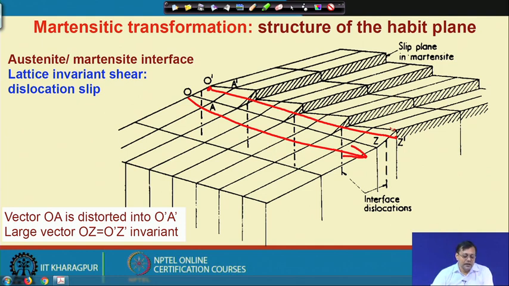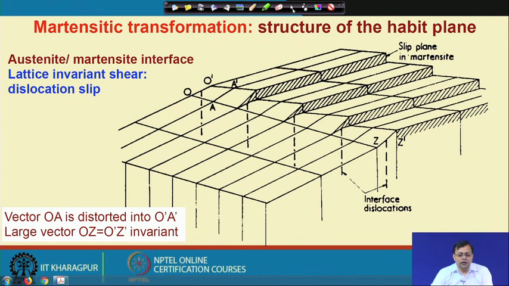So, this means that for longer or large vectors, the habit plane does not change at all.